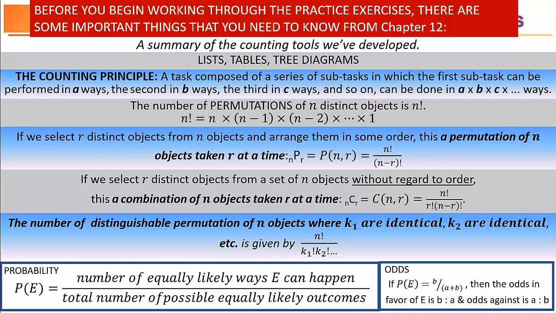We talked about the counting principle, permutations, just plain factorials, combinations, counting when some of the objects are indistinguishable from each other. Then we talked about our basic definition of probability, and we talked about odds. So you have to know those things well before you can really even begin to tackle these problems.